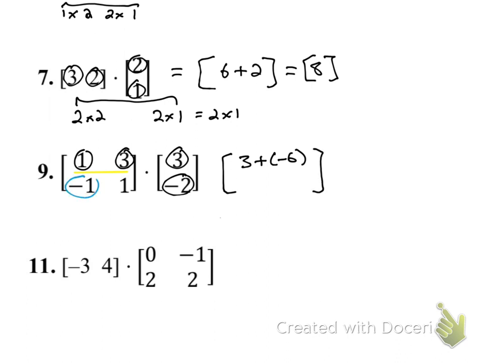Then I got -1 times 3 is -3, plus 1 times -2 is -2. So my answer will be -3, -5.